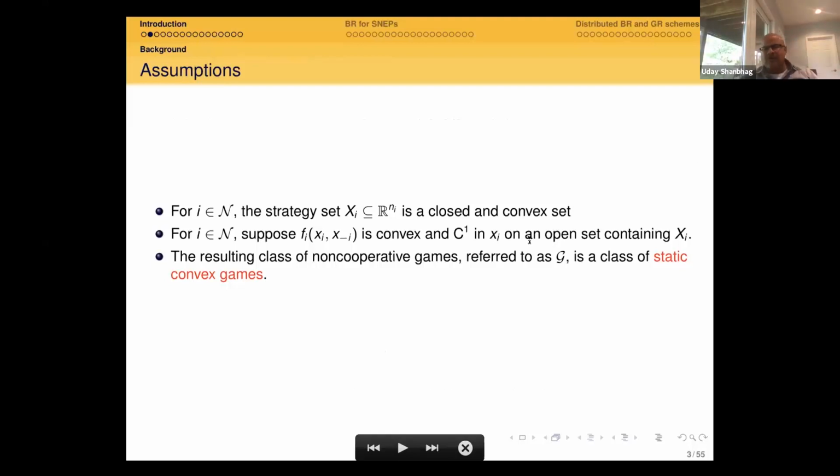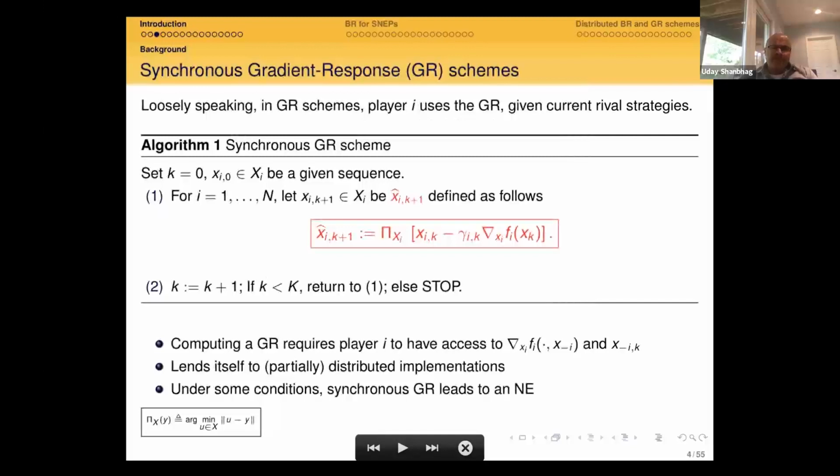The class of non-cooperative games that I'm going to be working with here is going to be referred to as G-script, and it's just a class of static convex games. And so the first part of the introduction is just going to introduce several types of algorithms, or meta schemes as I call them, and we'll be introducing a layer on top of these schemes.